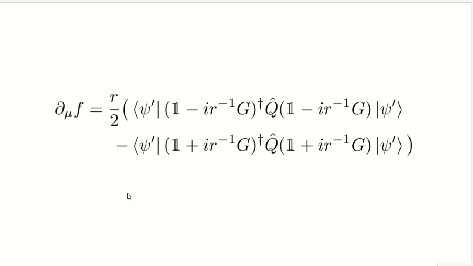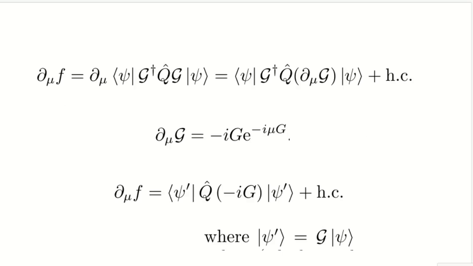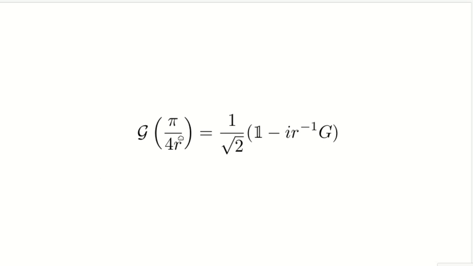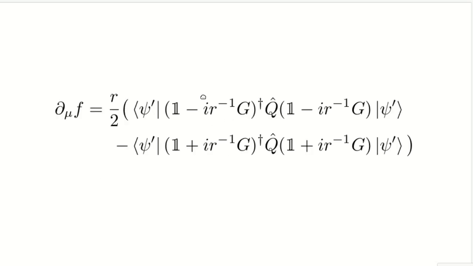Now, we have psi dash. We already saw that psi dash is equal to g times psi. So you have two gates here. One is coming from psi dash and another is coming from the g of pi by 4r. So you have two gates being multiplied here.